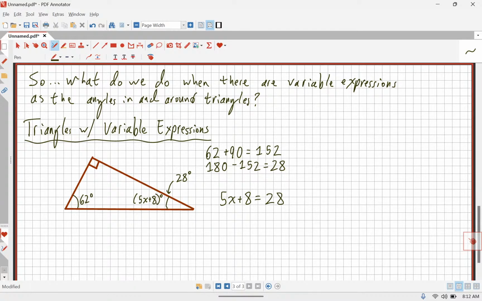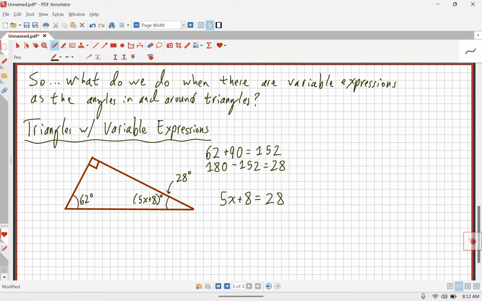All right, let's do it. Here, Audrey, do you mind if we borrow yours for just a second, and then we can get this going. So go ahead and do that right there. Thank you so much for that. So we're gonna go 28 minus 8. There you go. So now my equation says 5x equals 20.